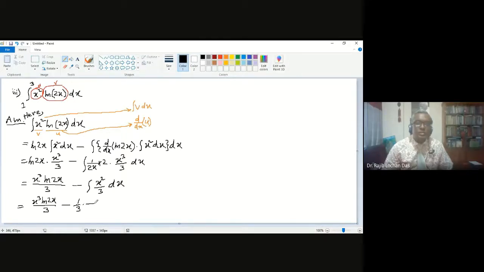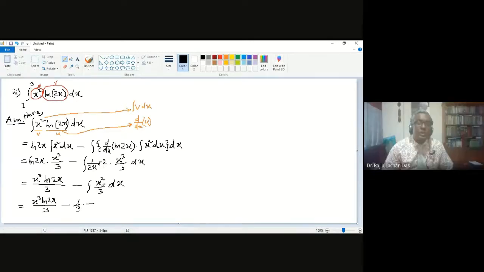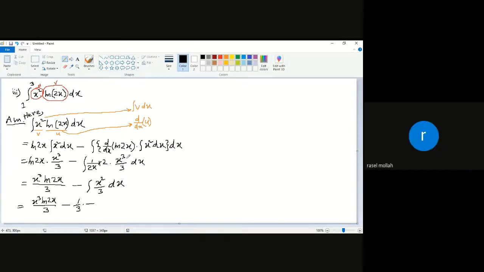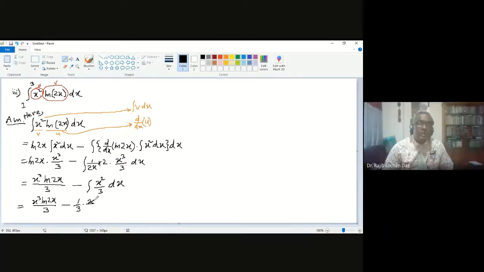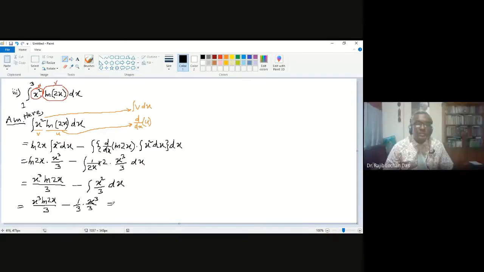What will the integration of x cube be? Sir, x to the power 4 divided by 4, why? It was x square, sorry, the x of x cube got cancelled, it was x square, right? Yes, divided by 3, x cube will come, then divided by 3 will come, right? Yes sir, then 9 comes below. Okay sir. So this is how it comes. So the final answer is x cube ln 2x divided by 3 and then minus x cube divided by 9. So this is the final answer.